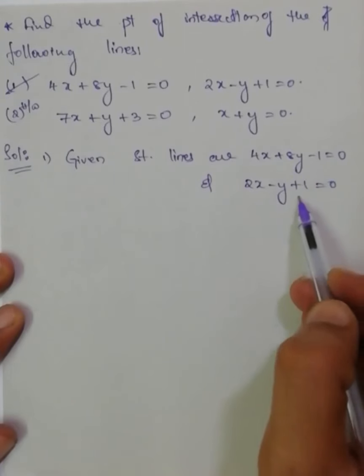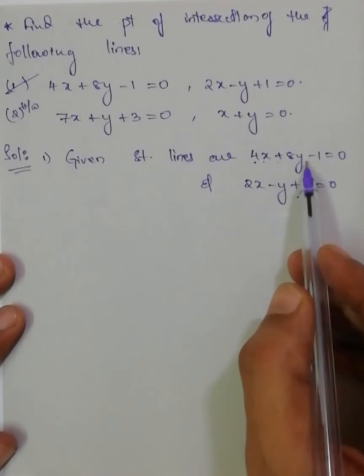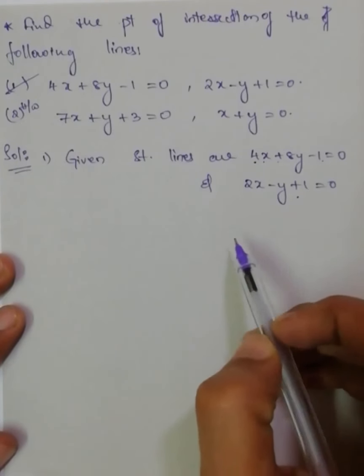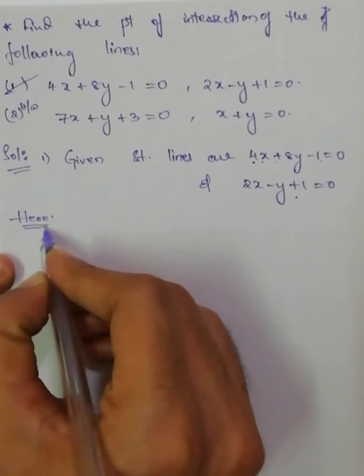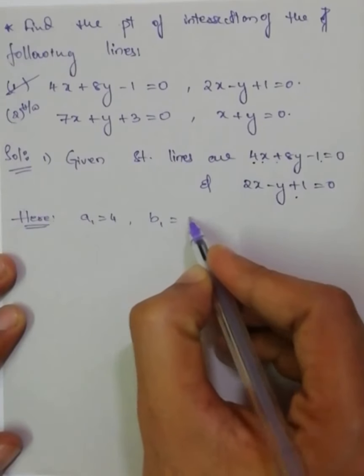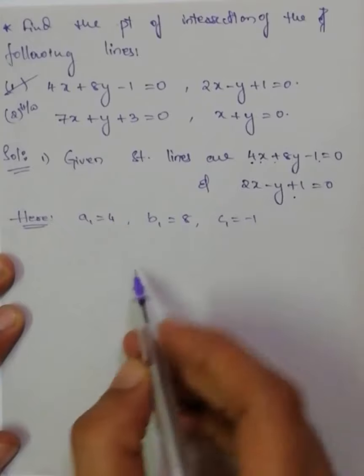This is one line, this is another line. Clearly the given lines are a1x plus b1y plus c1 is equal to 0, a2x plus b2y plus c2 is equal to 0. Here a1 is equal to 4, b1 is equal to 8, c1 is equal to minus 1.